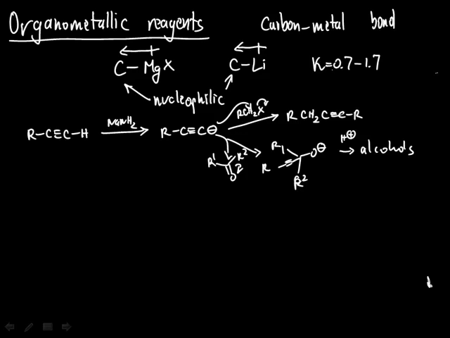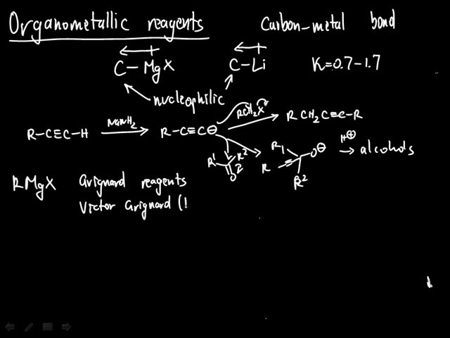Let's see. The organomagnesium compounds, which are the most common ones, are also known as Grignard reagents, after French chemist Victor Grignard, who developed them in 1905 and shortly afterwards got a Nobel Prize in 1912 for the development.